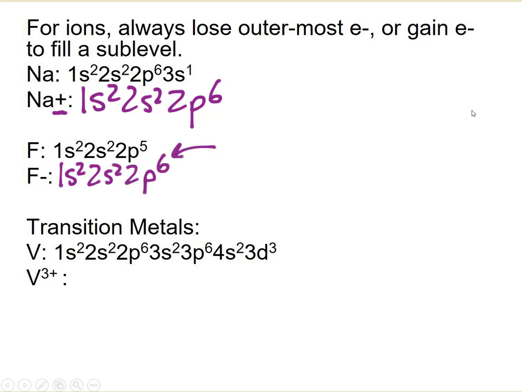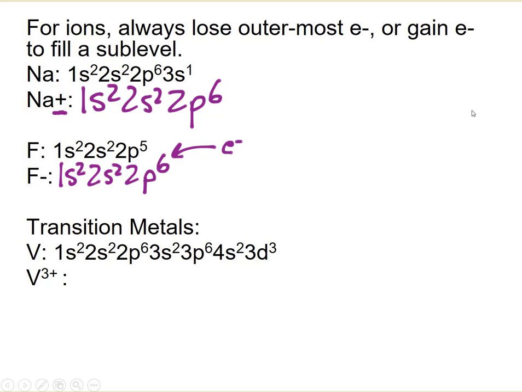So an electron has come in, and we just add it to the highest sublevel. So typically they fill a sublevel. Fluorine just needs 1 more electron before it has a filled sublevel, and taking an electron from, say, a sodium atom would give it that full configuration.